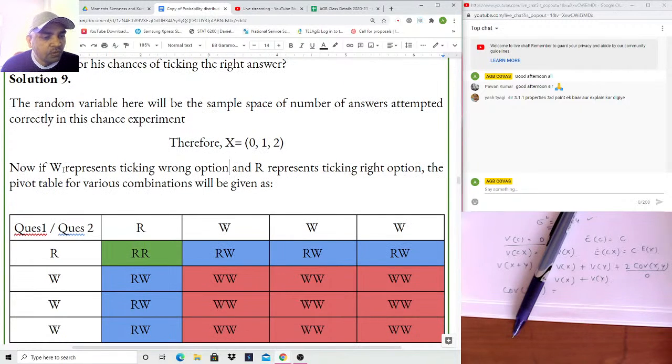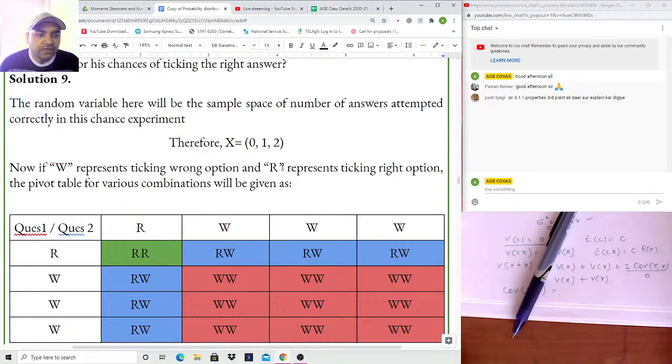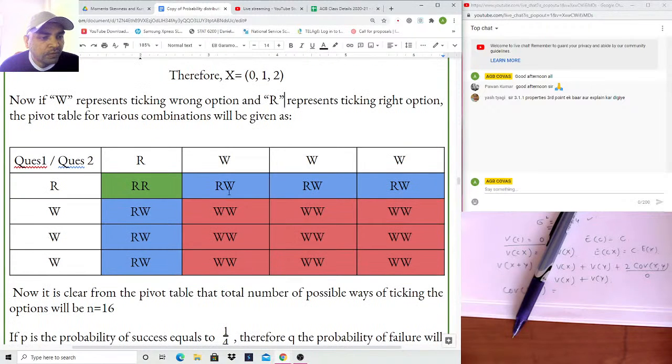Now W represents picking the wrong option, and R represents picking the right option. The pivot table for the various combinations will be as follows. There will be 4 options for each question. For example, the upper row denotes the first question, and the column denotes the second question.